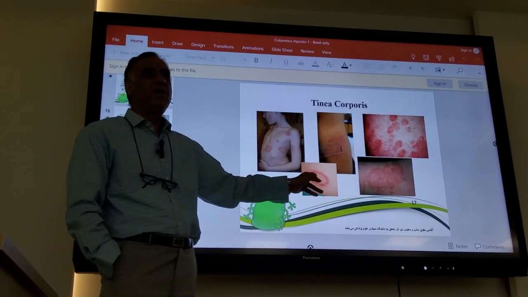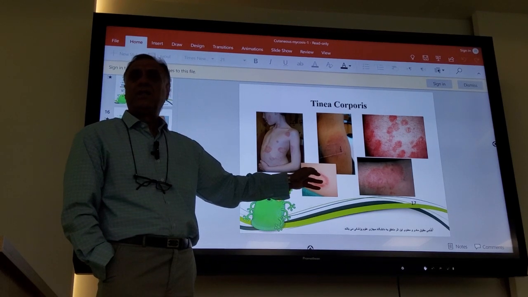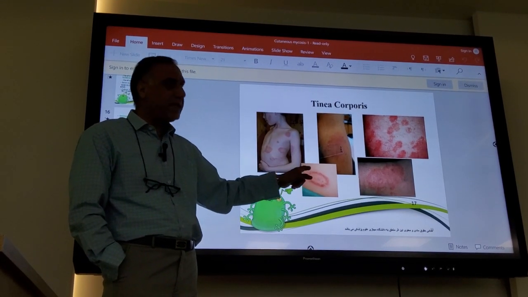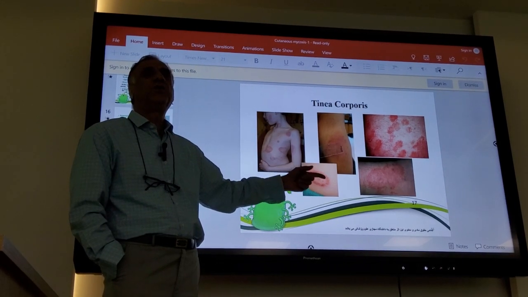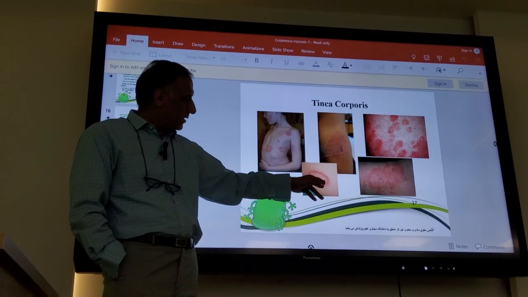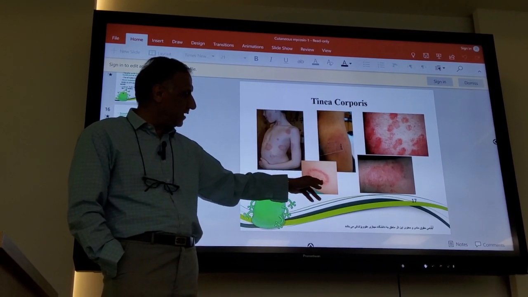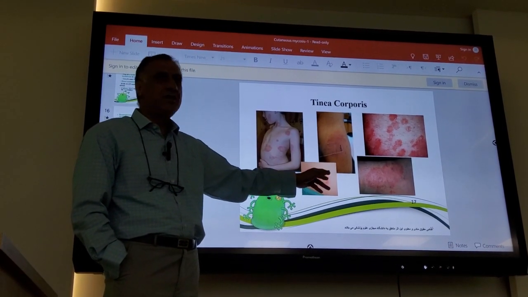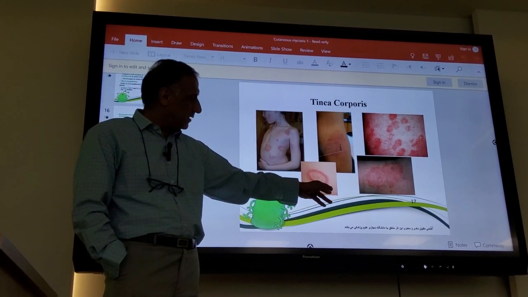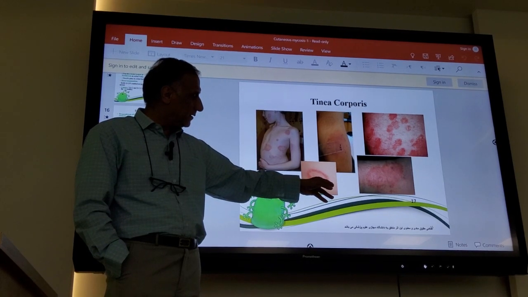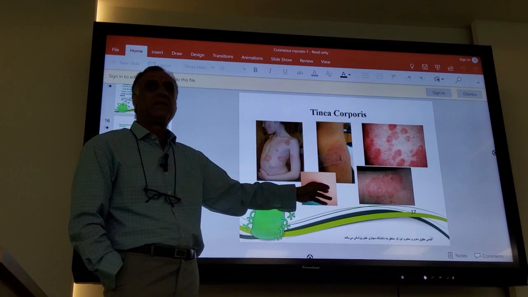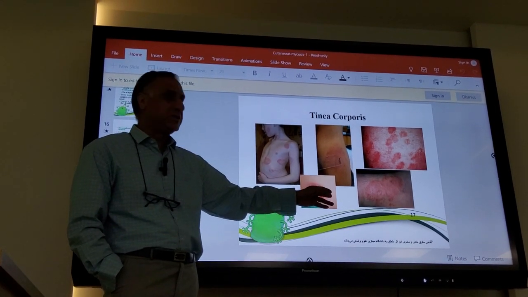This is the shape of ringworm, or annular form of lesion. A ringworm or ring form of lesion. You can see the margin of the lesion, and you can differentiate normal skin from the annular region.